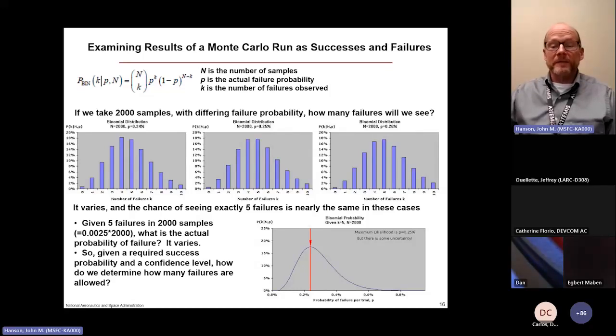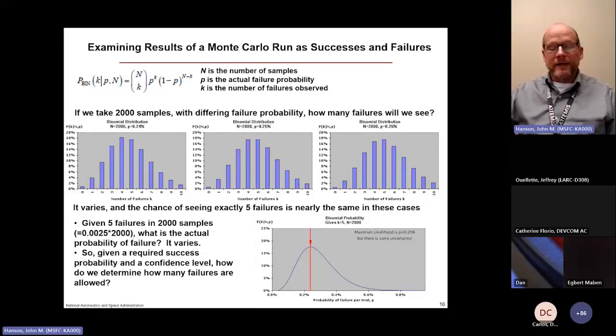That's the probability that, given I see 5 failures in 2,000 samples, what is my actual likelihood of failure, p? So you can see that 0.25 is the most likely failure likelihood, which is exactly 5 failures, 0.25. That's 5 failures out of 2,000.